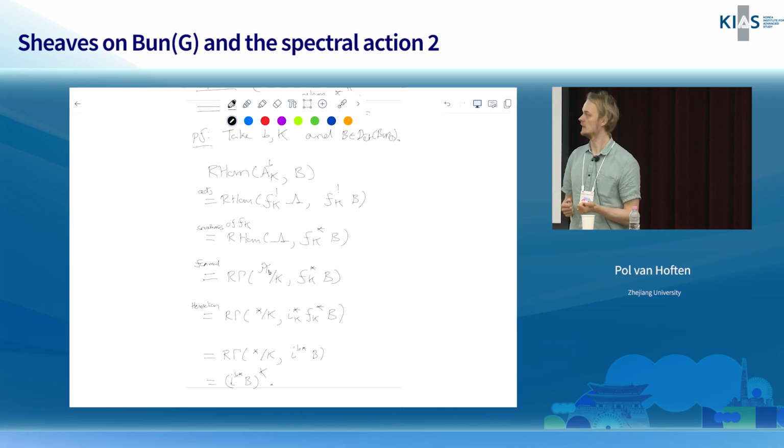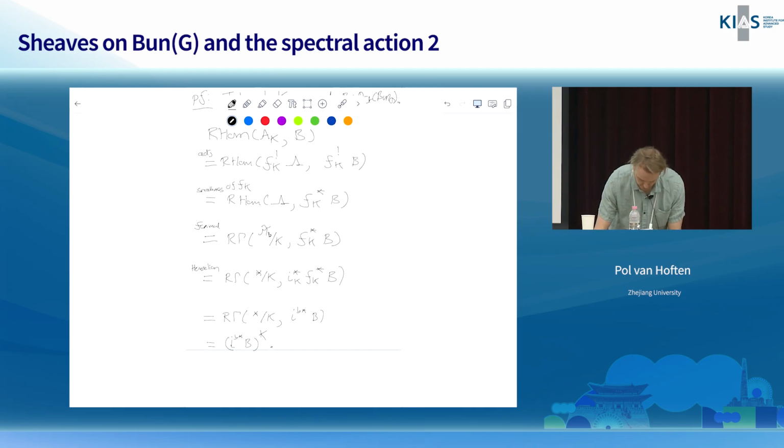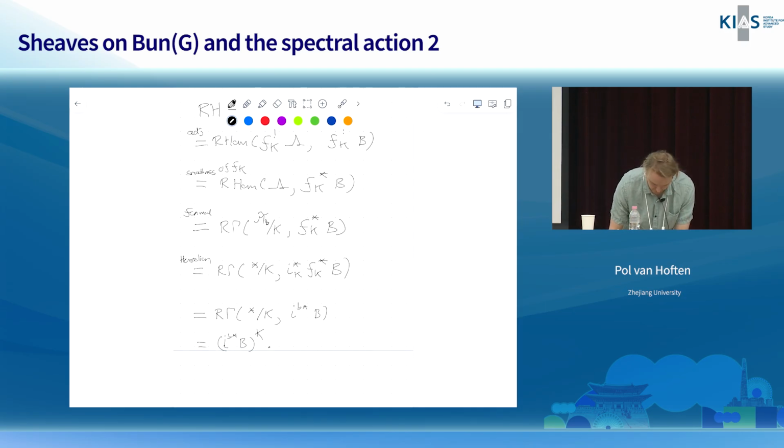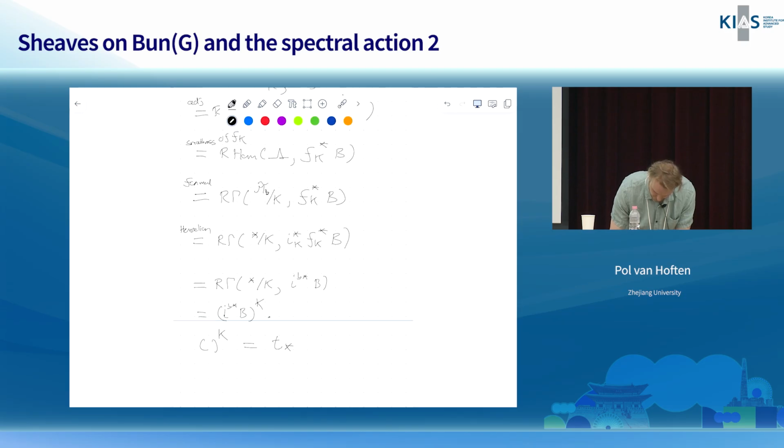So one way to think about this, which is maybe perverse, is that taking K invariants is the same thing as taking t lower star, where t is the map from point mod K to the point.